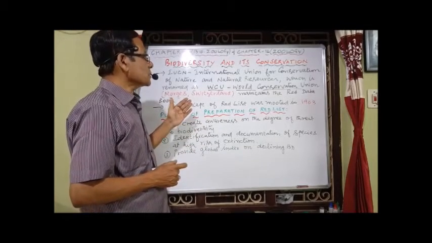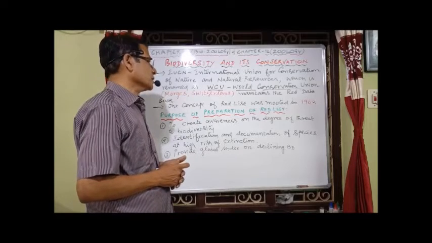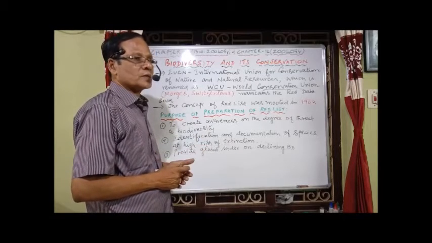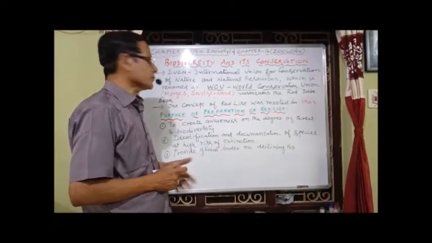The concept of the Red List was mooted, that is, raised for discussion, in 1963.